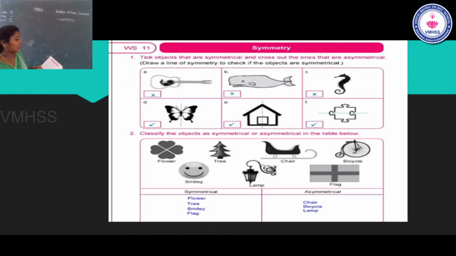Second one is also wrong. C also wrong. So D is the correct answer.